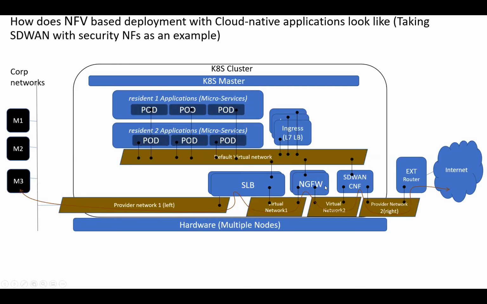Then the SD-WAN use case is achieved at this exit, and it goes to your right provider network. These are the traffic flow patterns we aim to support when we claim Antrea can support the CNF use cases. Arun, to add here why virtual network support is required and multiple interfaces, you can.